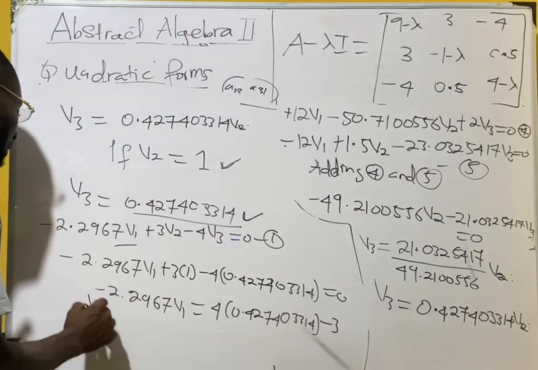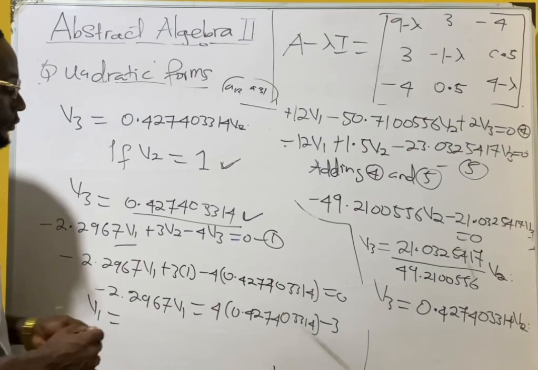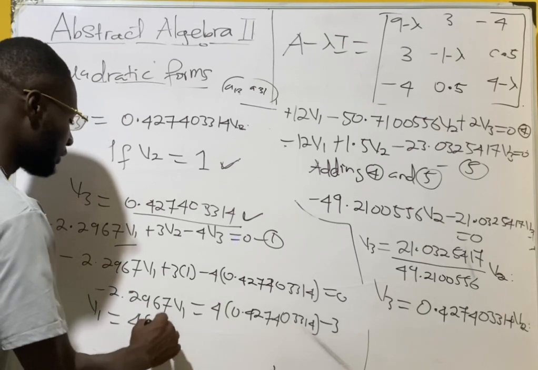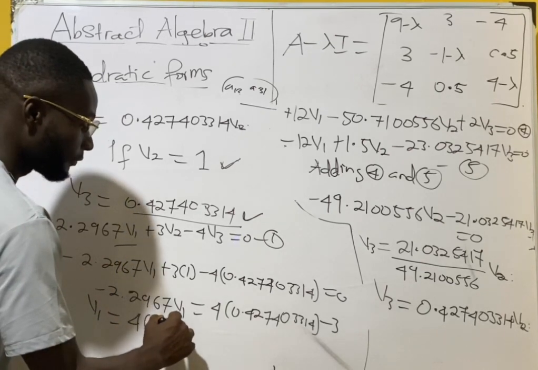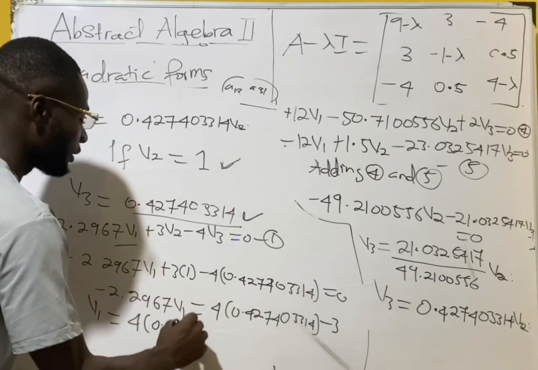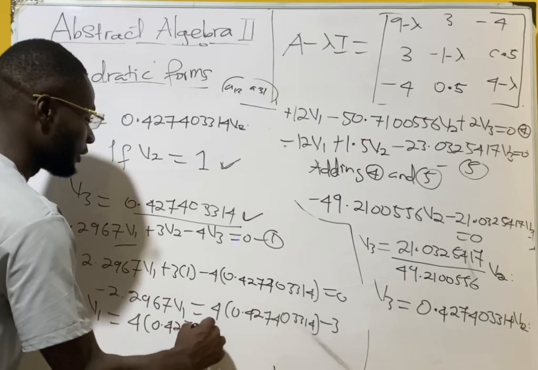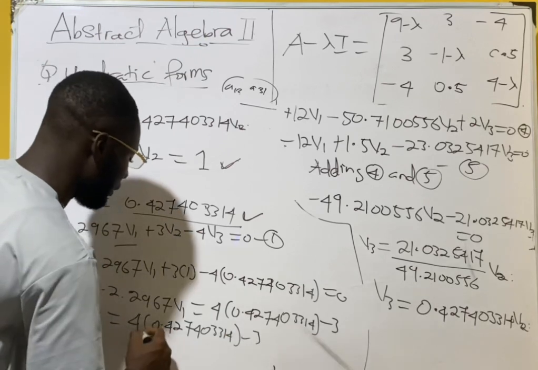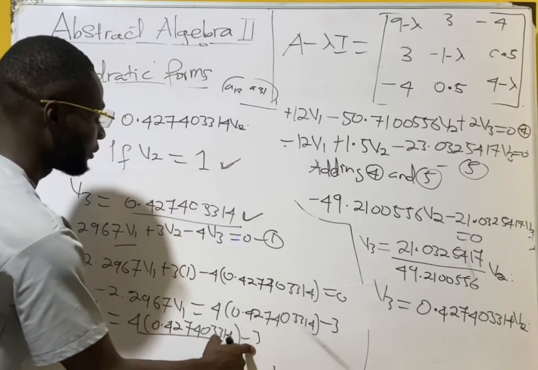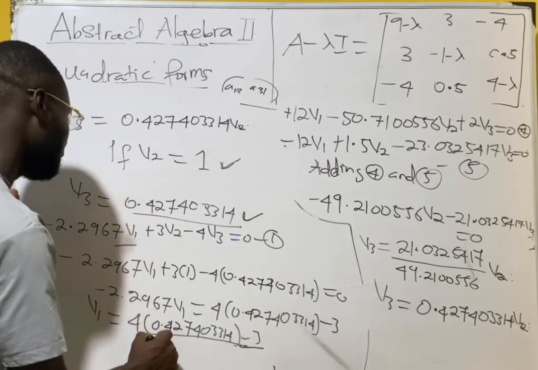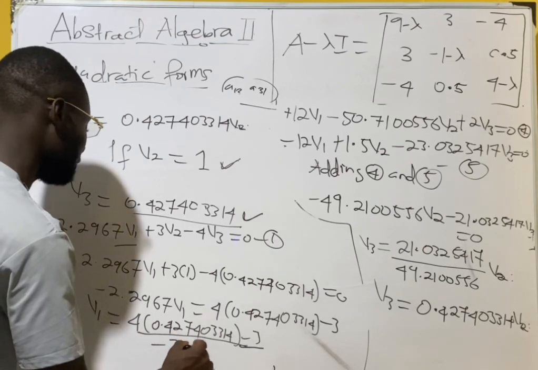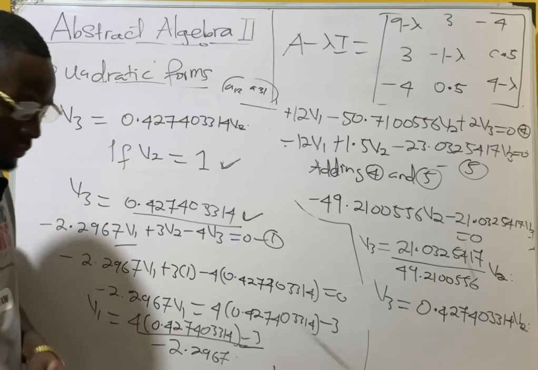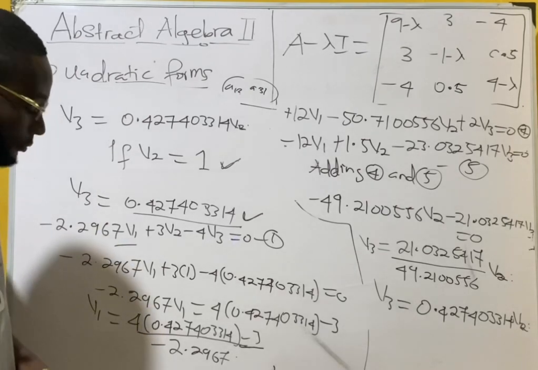So we have our V1 to be equal to 4 into 0.4274003314 minus 3, all over negative 2.2967, right?